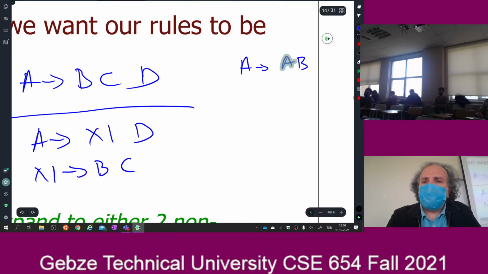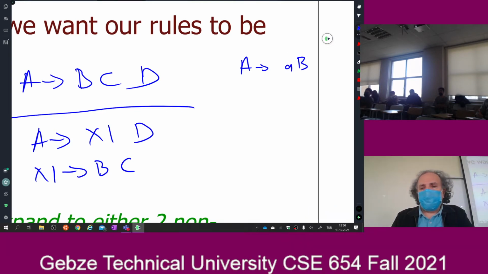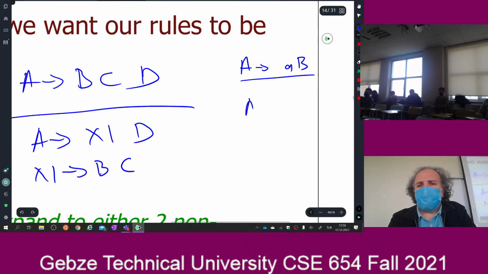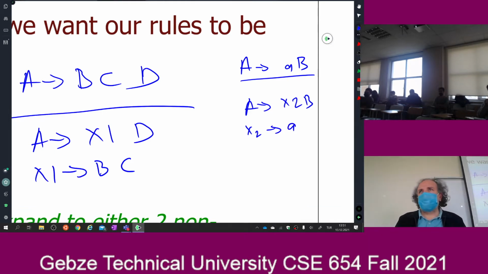This is bad. Not accepted. Okay, how can I handle this one, A → a B, because I don't accept these kinds of things? You make alpha X2 and make it A → X2 B. Exactly. So you would do A → X2 B and X2 → a, and so on. Okay, good.